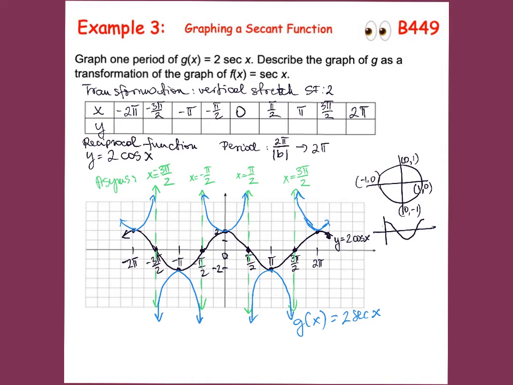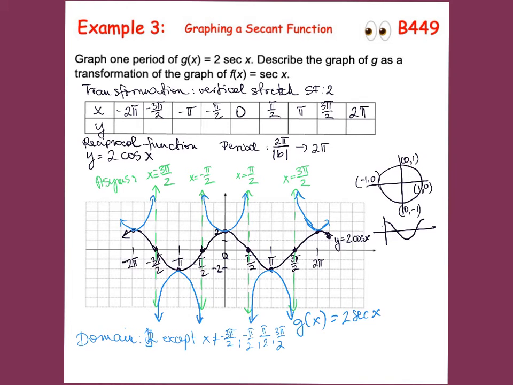And then its domain is all real numbers except x cannot equal negative 3 pi over 2, negative pi over 2, and then pi over 2 and 3 pi over 2.